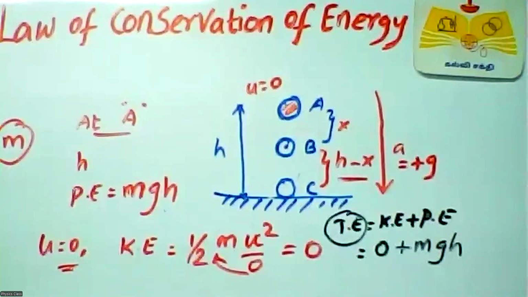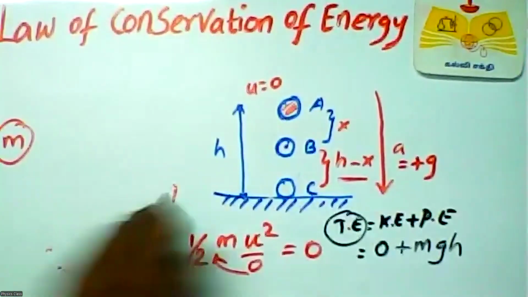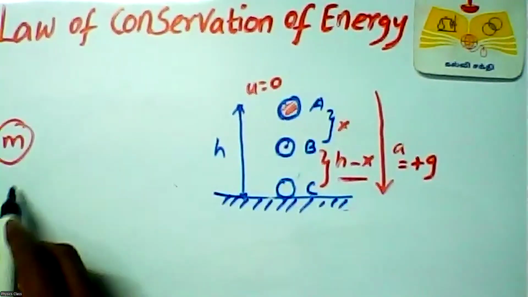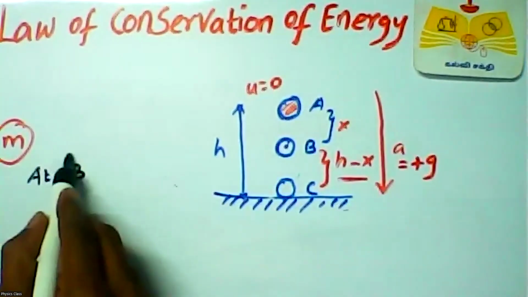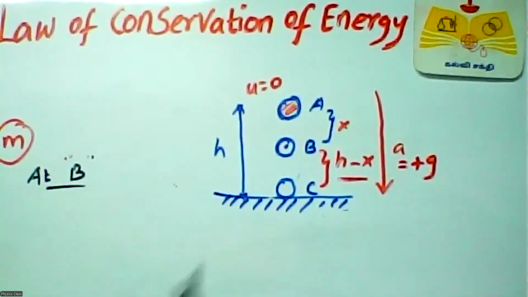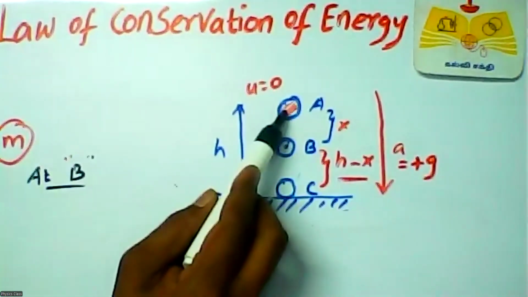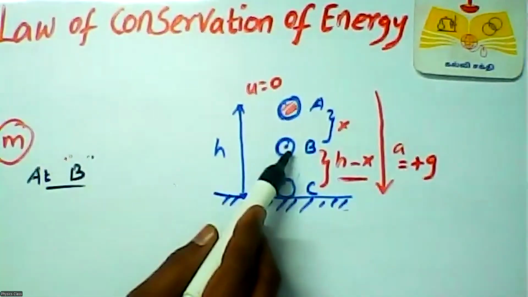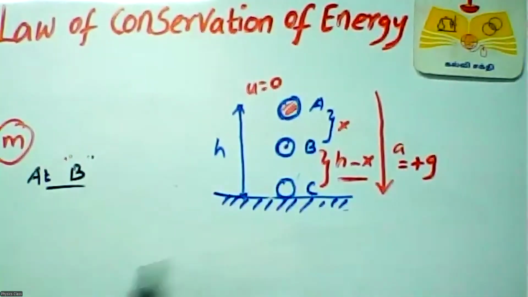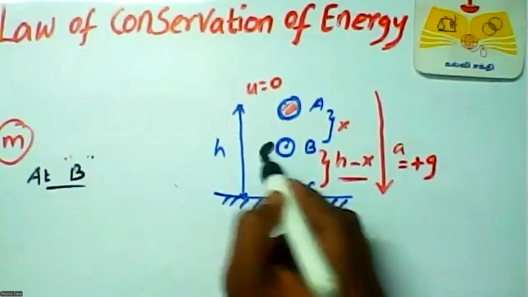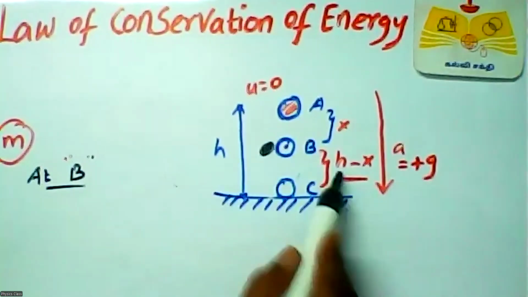And then at position B, we can calculate the kinetic energy and potential energy. In the middle of that path, the body travels a displacement from A to B, that is displacement x, and reaches the point B. What is the height from the surface? H minus x.